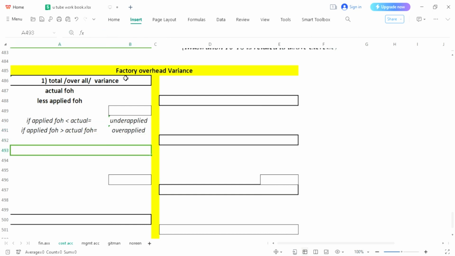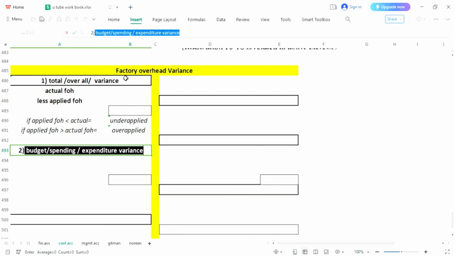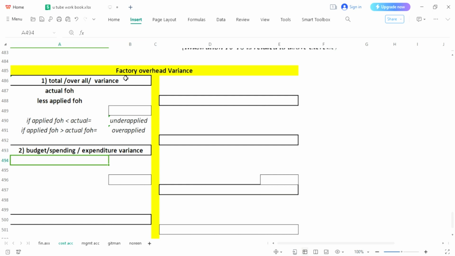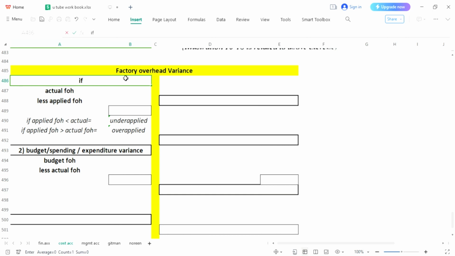Then we will calculate the second variance, which is the budget variance, or spending or expenditure variance. It's the relationship between budget and actual, so we are going to write budget FOH first, and then we need to write down actual FOH. Finally, we have the variance, which would be the difference between budget and actual FOH. Next step is to conclude. How will we conclude?